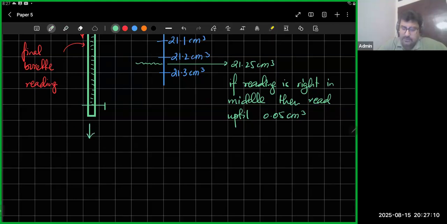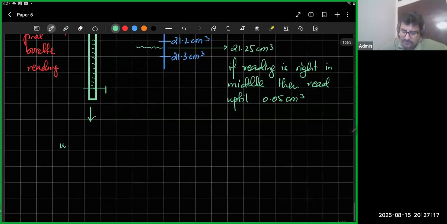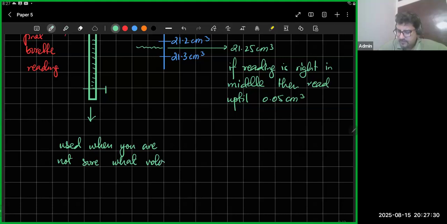It's used when you're not sure what volume of liquid needs to be poured out. So the tap is helpful. It's normally used when you are not sure what volume of solution is needed. But there's going to be an endpoint, and you don't know where the endpoint is.